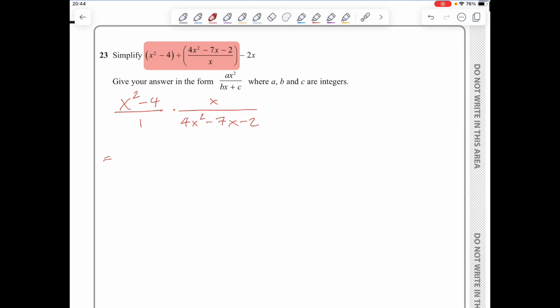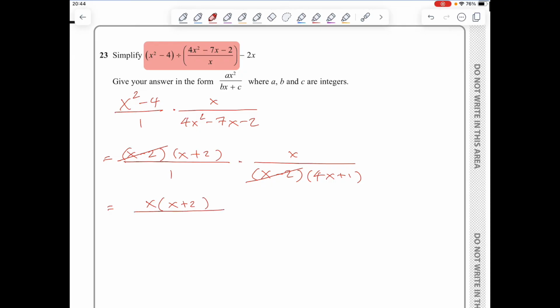Let's factorize: (x minus 2)(x plus 2) over 1 times x over (x minus 2)(4x plus 1). Now I can simplify the x minus 2 with the x minus 2, and if I multiply out, I get (x plus 2) over (4x plus 1).